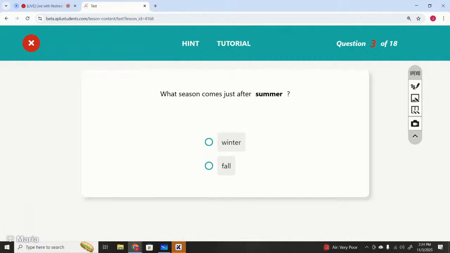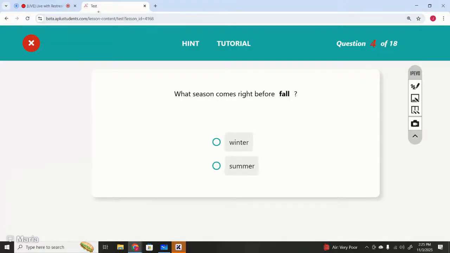What season comes just after summer? Just after summer it is fall. The correct option is fall. Option number 2 is the correct option.